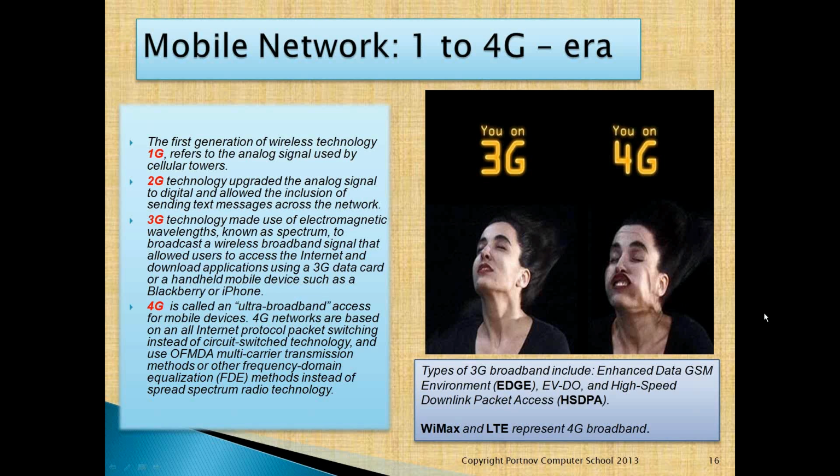You don't need to remember all these details, but you need to understand that every time we have a new generation, it's called a generation for a reason, because it's a breakthrough. We start using a different way of receiving and transmitting a signal between two points.